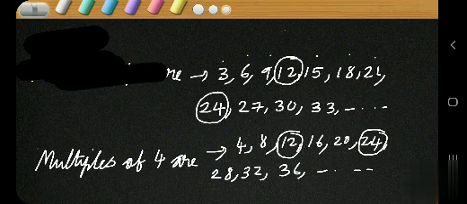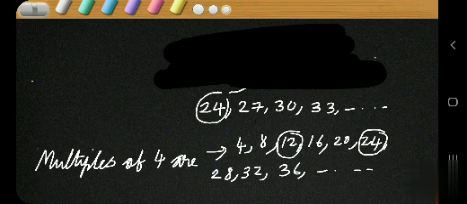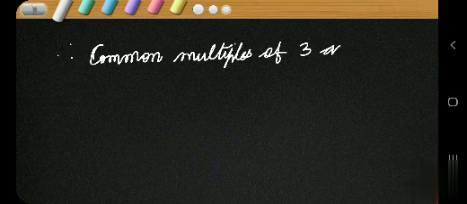Therefore, common multiples of 3 and 4 are 12, 24, etc. Isn't it? Therefore, please write down, common multiples of 3 and 4 are, which are they? 12, 24.